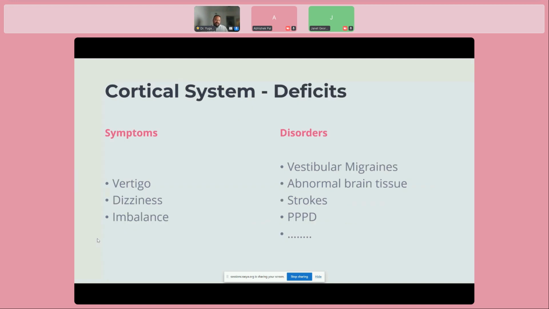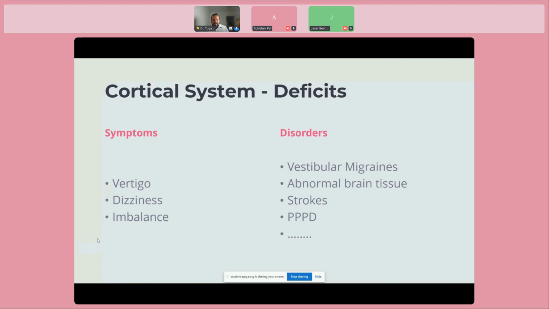So what are the common symptoms? People do complain about vertigo if they have issues at the cortical level, but it's not as consistent as in peripheral issues. And people do complain about dizziness as well as imbalance. What are the common disorders? Again, these are in research, and I cannot really guarantee that this is published data.